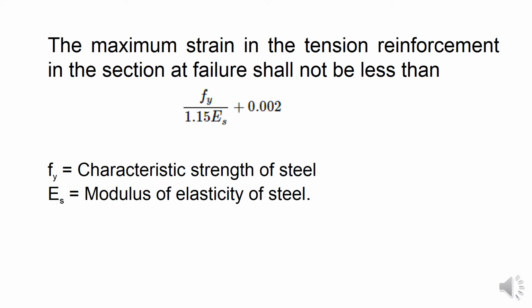The next assumption: the stresses in the reinforcement are derived from the respective stress strain curve for the type of steel used. So the stress strain curve for steel also you have to consider. For design purposes, the partial safety factor gamma m for steel we normally consider as 1.15.